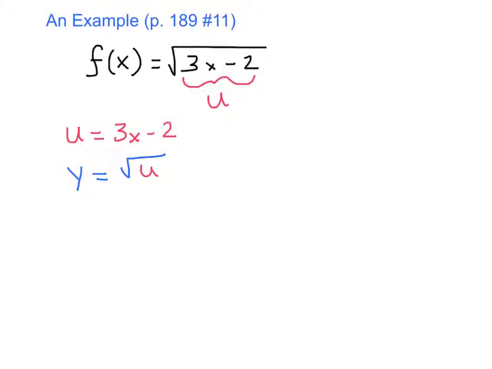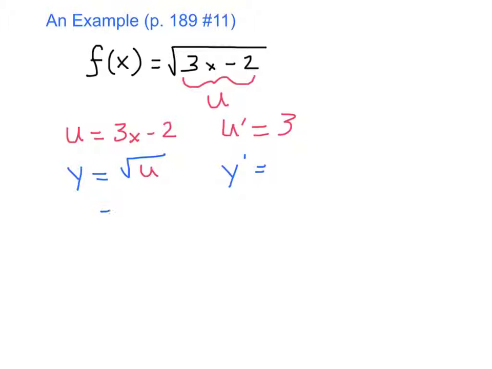So the derivative of u, which we'll call u prime, that's just 3. And then the derivative of y, which we'll call y prime, that's going to be whatever you get when you do the derivative of the square root of u.